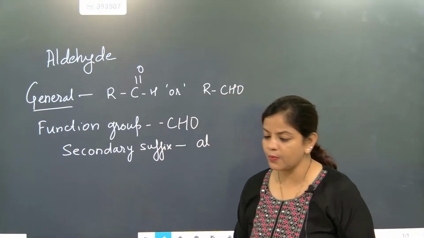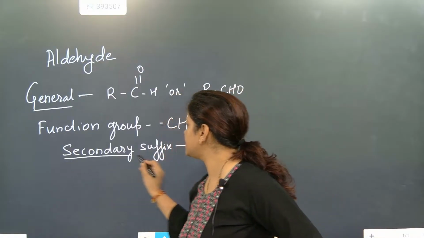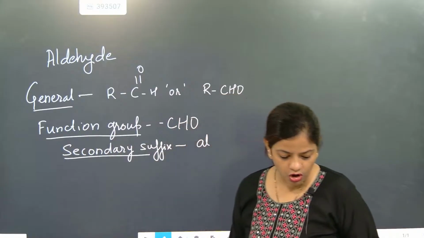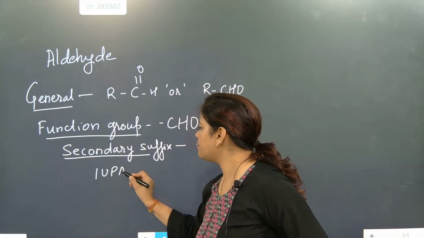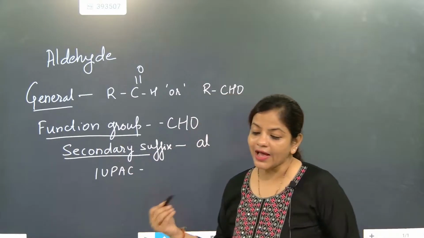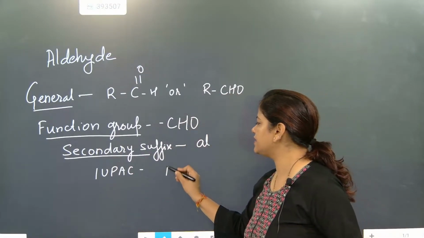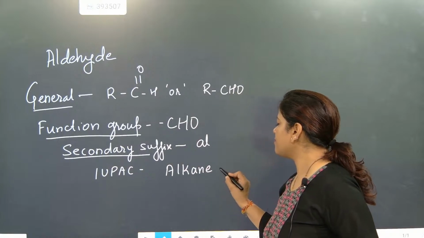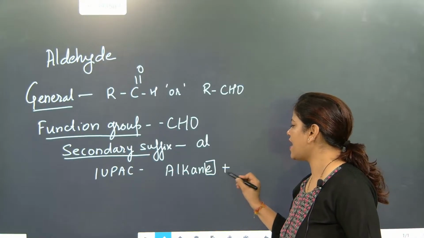Now look here, IUPAC. When somebody asks you about the IUPAC system, in that, from alkane you have to remove the E and add al.